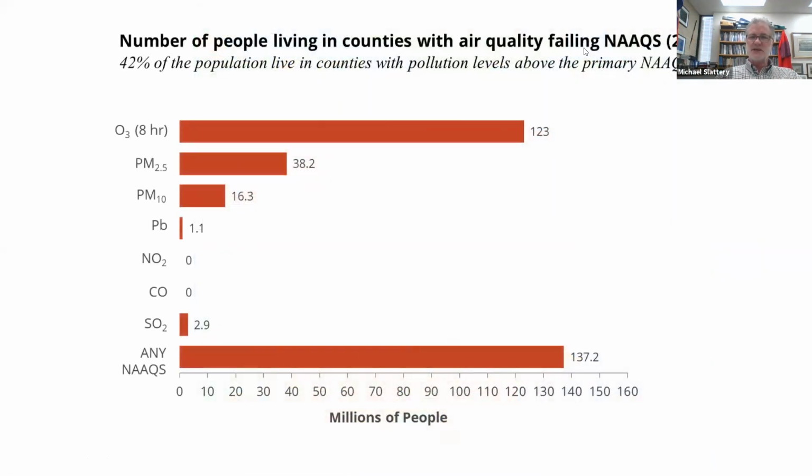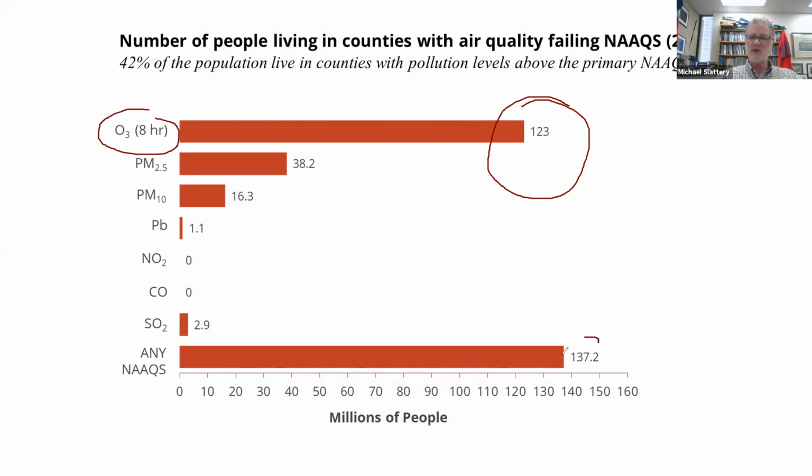But the challenge is this: even though those trends look really good, we still have almost 125 million people in the US living in counties with compromised air quality. This is just the 8-hour ozone standard.